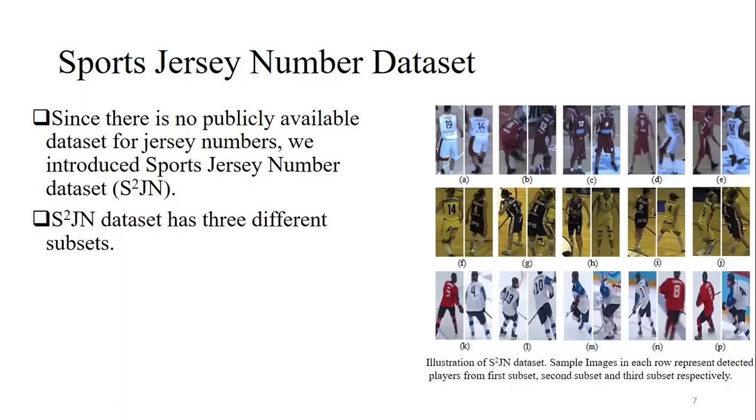The sports jersey number dataset represents detected players in various situations. Subfigures A, F, G, and K represent player images in normal situations, but subfigures B, J, and I represent player images with variations of player pose, and subfigures C, H, and M represent player images with non-back jersey numbers, and so on.